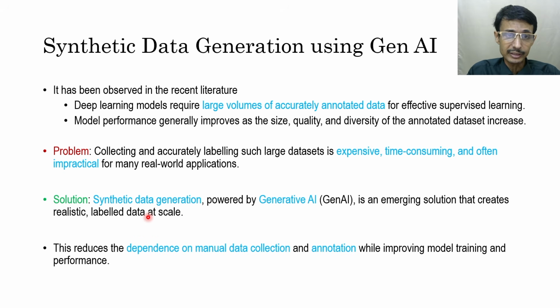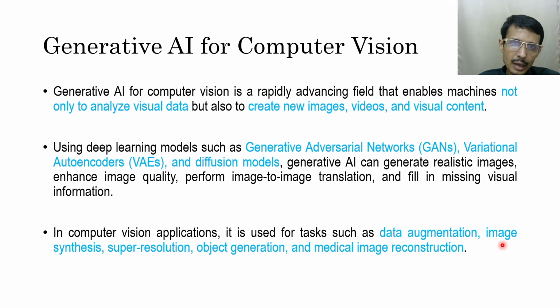So this generative AI based synthetic data generation reduces the dependence on manual data collection and annotation while improving model training and performance. Okay. So generative AI for computer vision has become one of the major research areas, both in academia and industry, at this point of time.